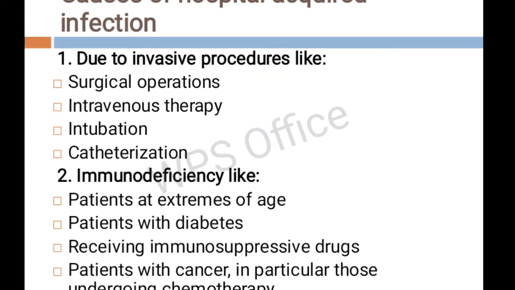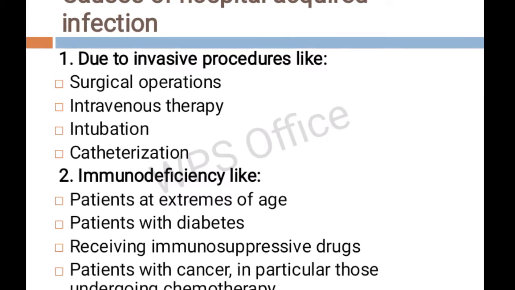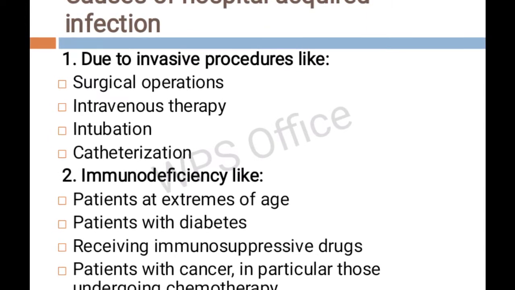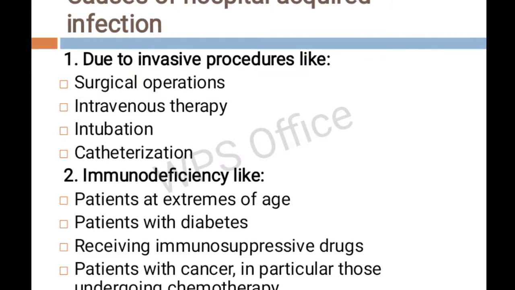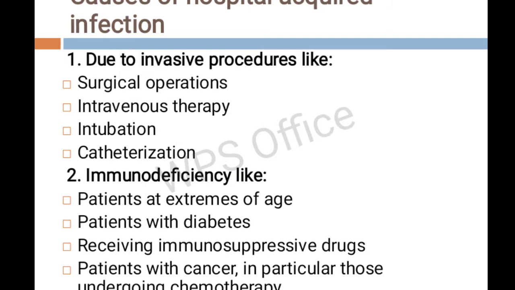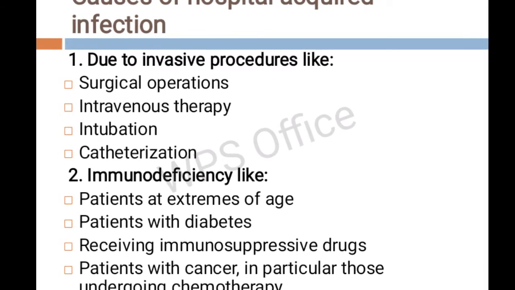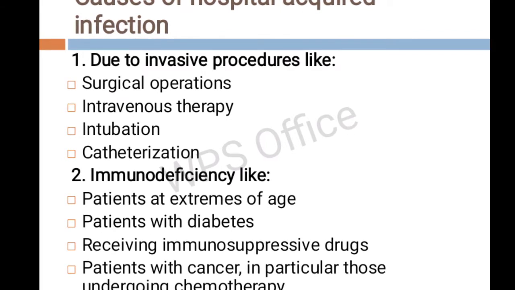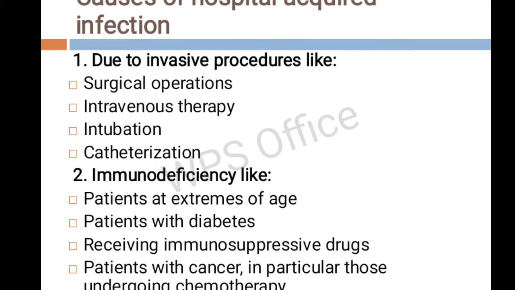Then intravenous therapy, which includes cannulation or any injection given to the patient through the intravenous route. Intubation, that means a tube used to provide the airway to the patient. While doing this procedure also, the patient might acquire an infection.